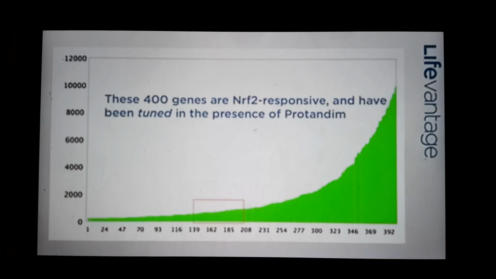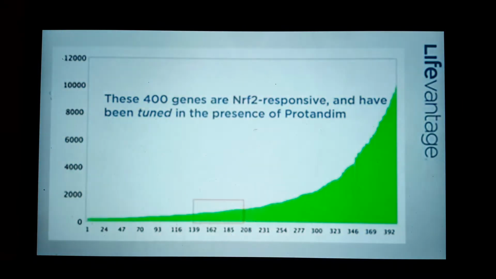There are 400 little bars here, and you can't see them individually, but the height of each one tells you how frequently that gene is being expressed, how often that blueprint is being called out of the nucleus of that cell and functionally translated into the product for which that blueprint encodes. This is the way those 400 genes are expressed when oxidative stress is low. So we could call this a properly tuned genome.